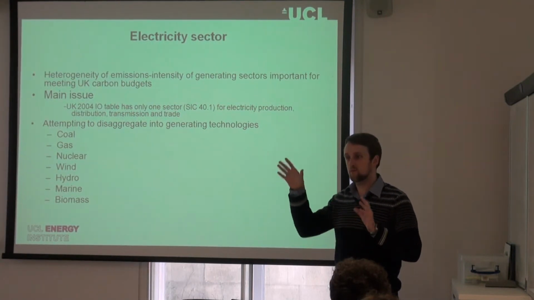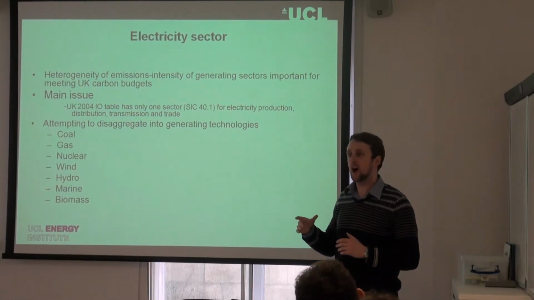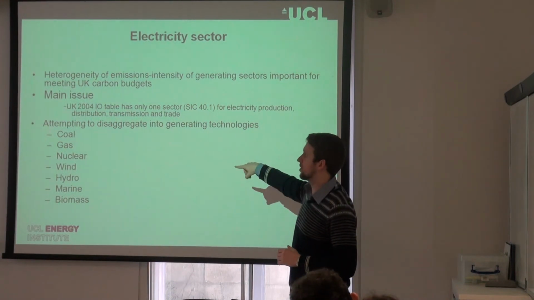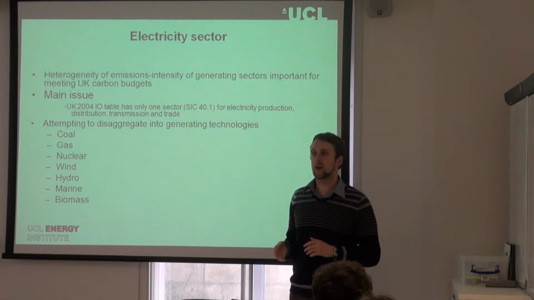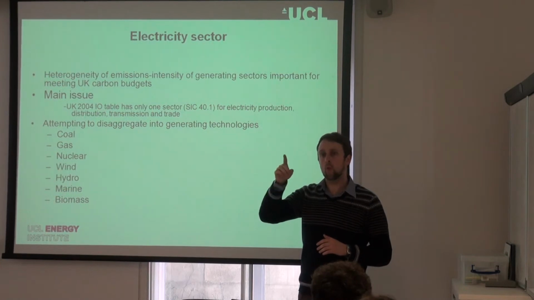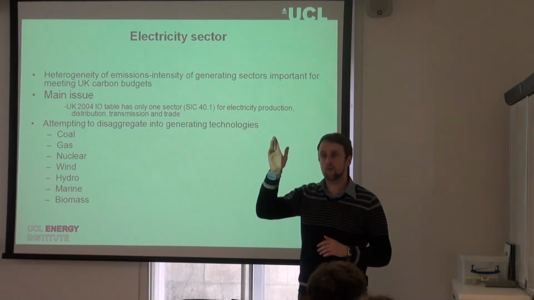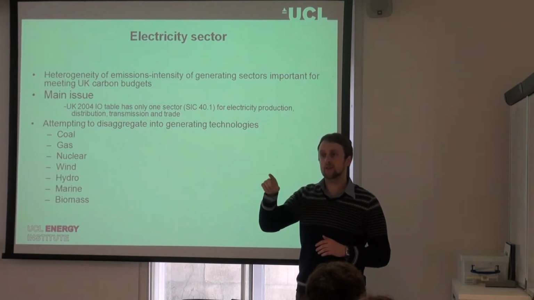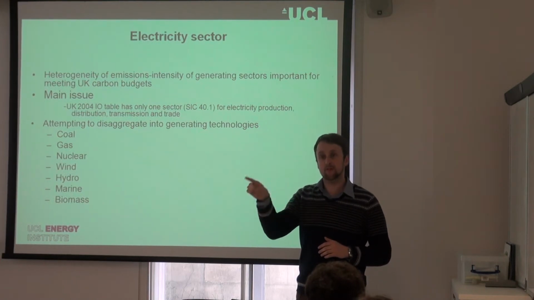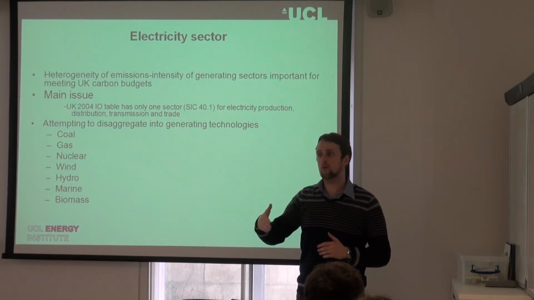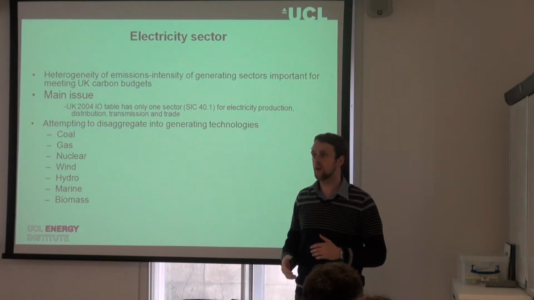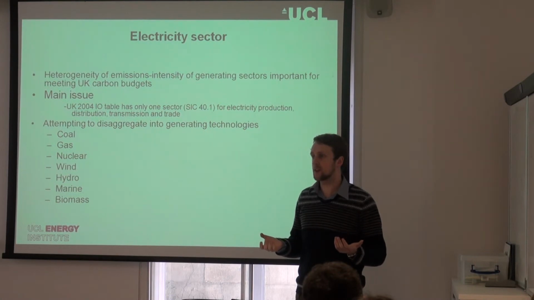Everything is given within that. The matrix gives you the electricity sector and all of the details on what sectors the electricity sector purchases from, and then you've got all of the electricity sector's purchases as well. But it's not broken down into different technologies.